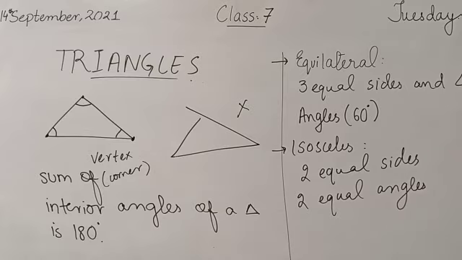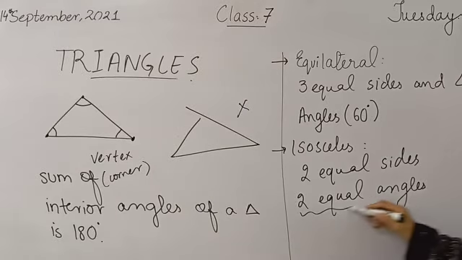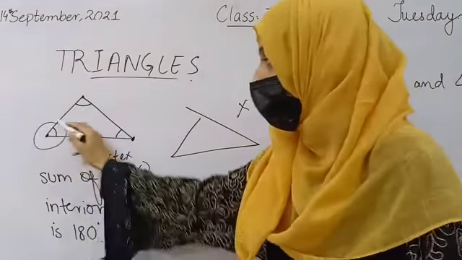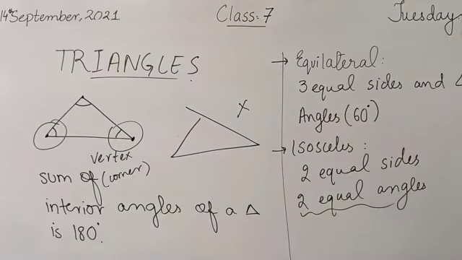Okay? And what are these two equal angles? Which are base angles. Okay? Angles formed at the base. For example, these two angles are base angles. So base angles of an isosceles triangle are equal.